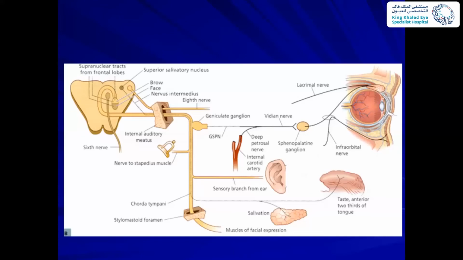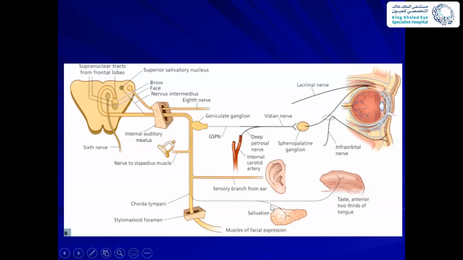And this is a diagram just to show you the path of the facial nerve. It originates from the brainstem, and you can see the different nuclei present in the brainstem, and they join the facial nerve along its journey through the ear. Then it exits the ear through the stylomastoid foramen.